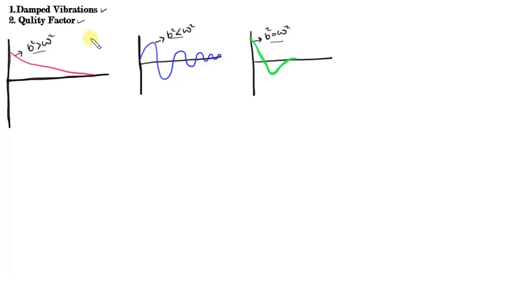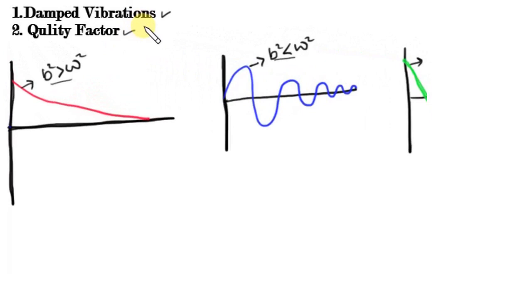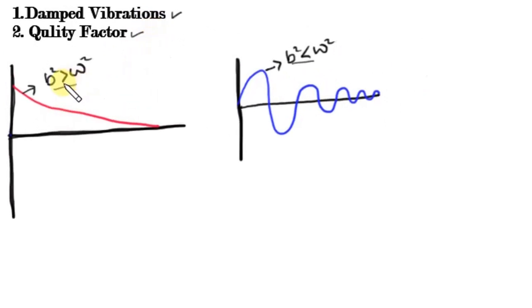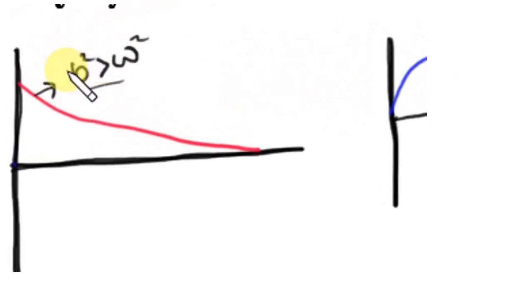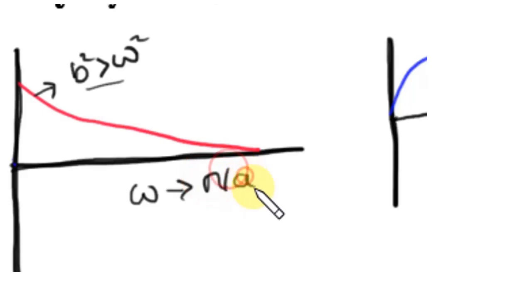When we talk about damped vibration, there are three types of vibration we will see. The first one is the condition where b square is greater than omega square. Omega is related to natural frequency, and b is related to damping frequency.